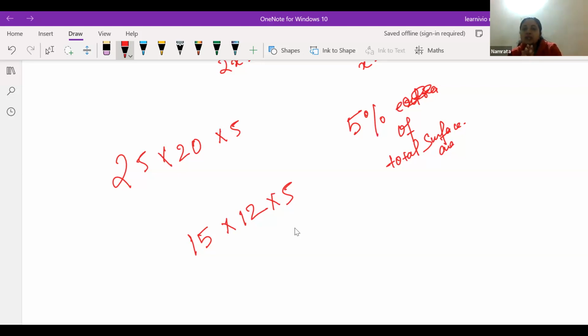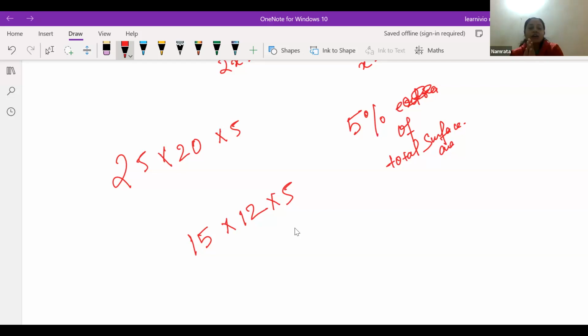That is the overlap, which is taking 5% of the total surface area. So whatever the total surface area is according to the given dimensions, we will take it out, and from that total surface area, 5% is the overlap.